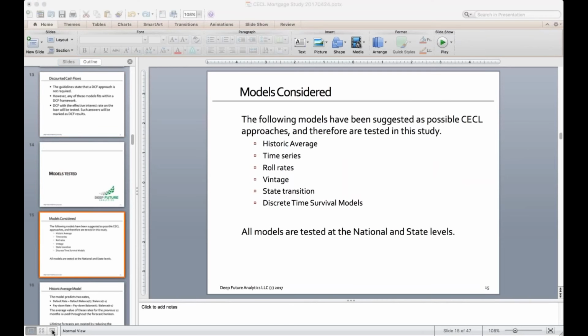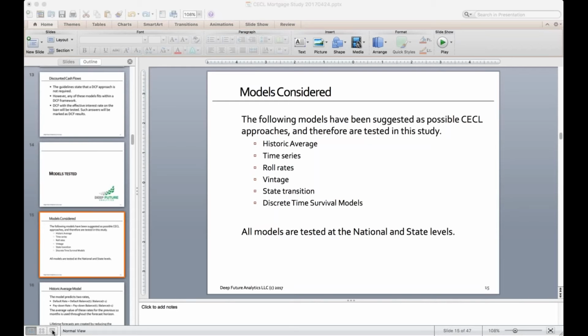So for the models we test, we are looking at historic averages. This is what most people are doing right now for their loan loss reserves, where they simply take an average of the loss rates and the payoff rates for the last 12 months and apply those going forward. I'll say right now, you will see how bad a result that is under a lifetime loss calculation. That's not a surprise.